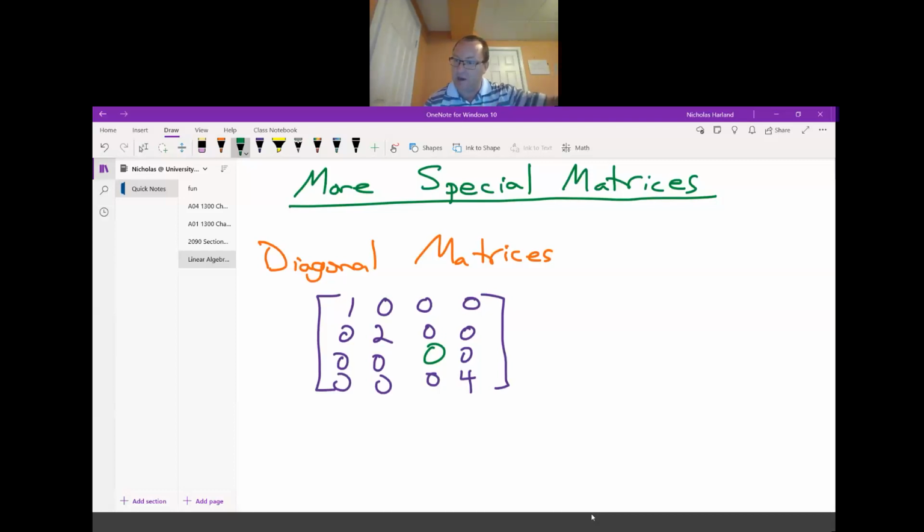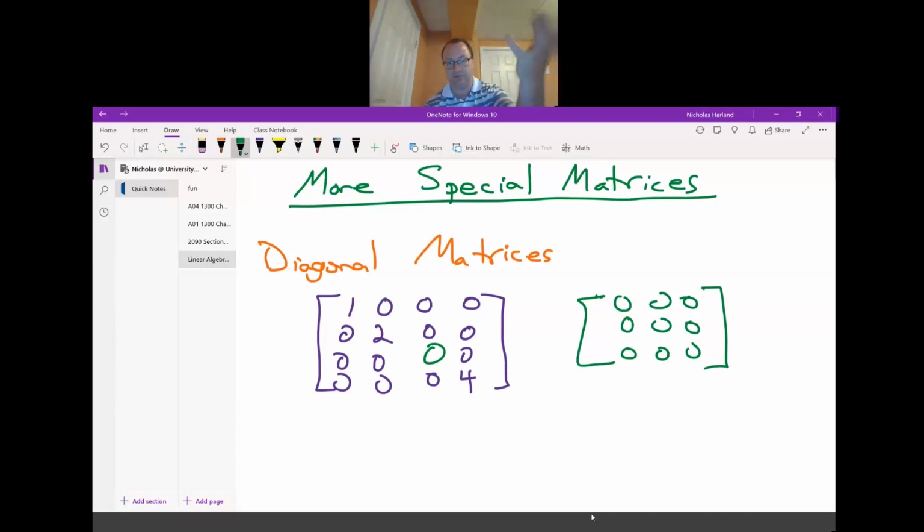Zeros are allowed on the main diagonal, they're just required off the main diagonal. So for example, any square zero matrix would be an example of a diagonal matrix. So that's what a diagonal matrix would be.